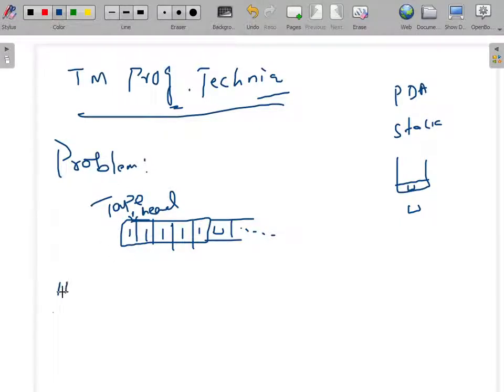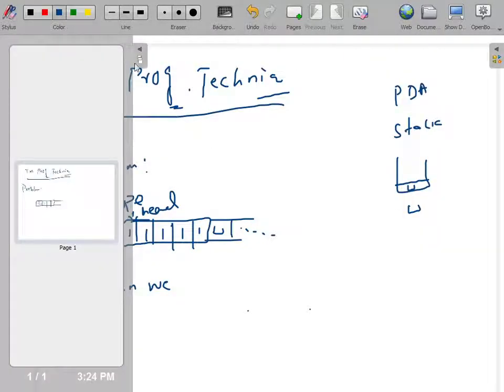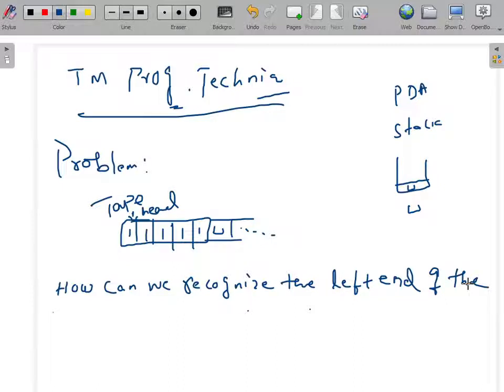So how can we recognize the left end of the tape of a Turing machine?